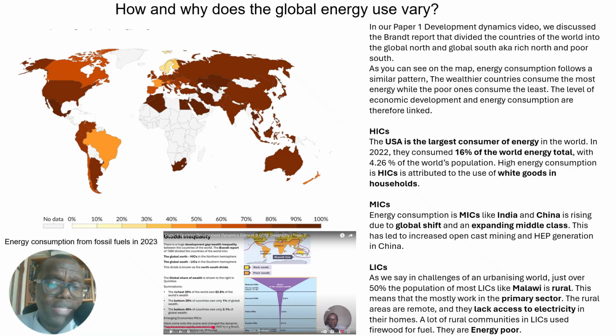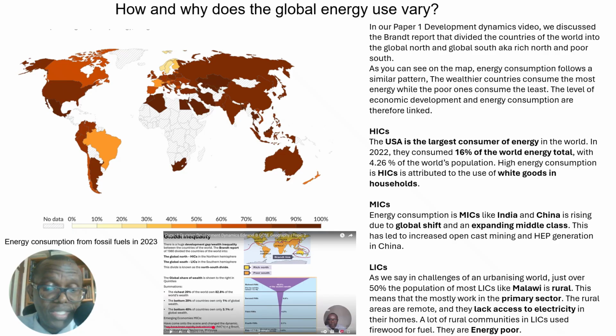Then we have MICs. Their energy consumption in places like India and China is actually rising. We mentioned global shift earlier, and as global shift and industrialization take place in countries like India and China, the demand for energy for industry keeps going up. Because they are getting wealthier from the sale of the goods they are manufacturing, they have an expanding middle class as well.